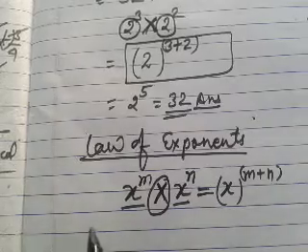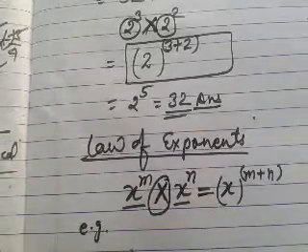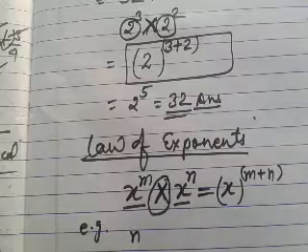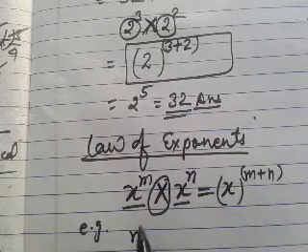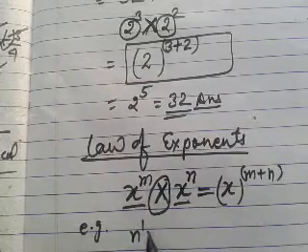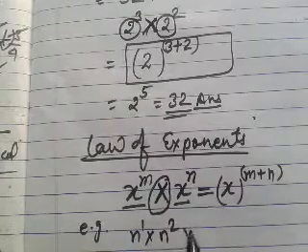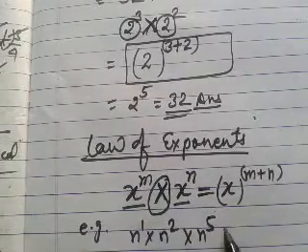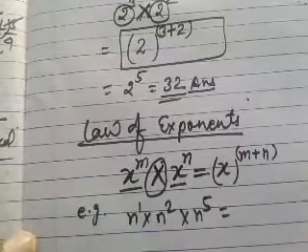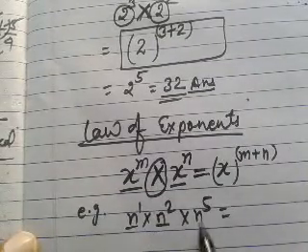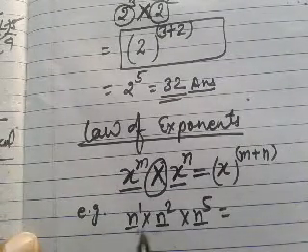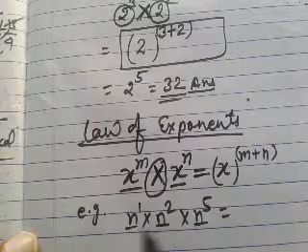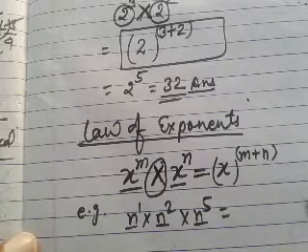On the basis of this, we can say that if a number n having power 1 is multiplied by n squared and n to the power 5, the base is the same and a multiplication sign is present between these three expressions.